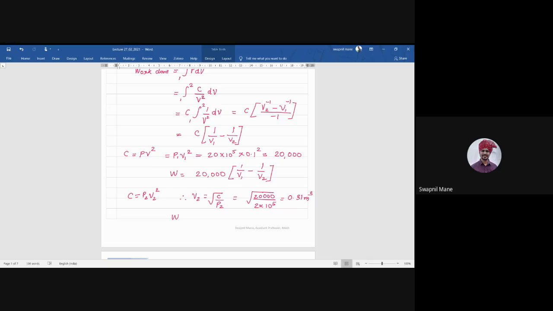So then W will be equal to 20,000 into 1 by 0.1 minus 1 by 0.31. And this is equal to 135.4 into 10 raised to 3 Newton meter.